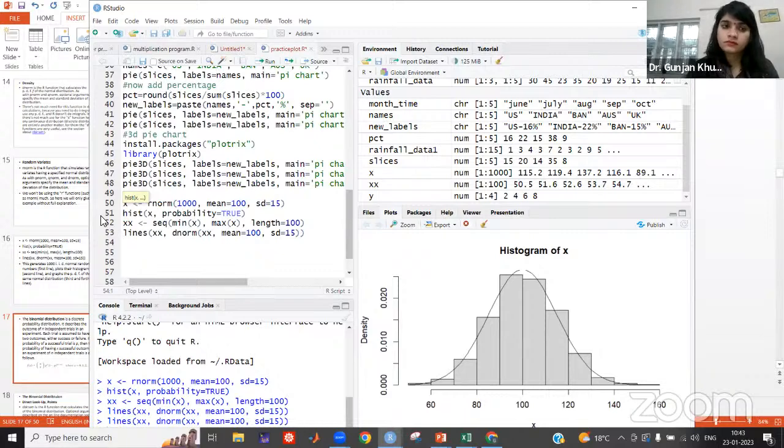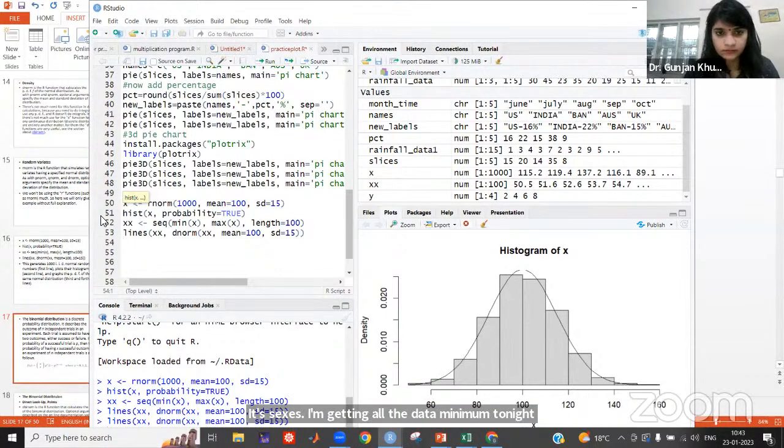Sorry, I did not get the same thing. Oh, okay. What about hist? Did you write probability equal to true? Yeah, the hist is coming. Hist is working. XX, I'm getting all the data, minimum to maximum. But when I put the lines command, then it is not working.